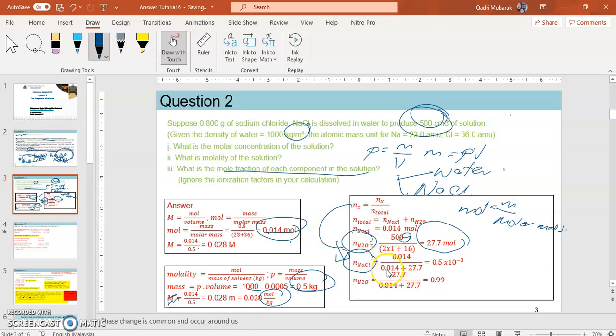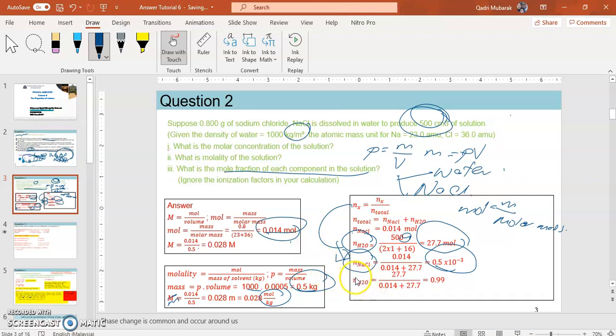So we have our mole for NaCl is 0.014, while for the water is 27.7. Then we get this one. Here is our mole fraction of NaCl. With the same formula, we just replace the value.